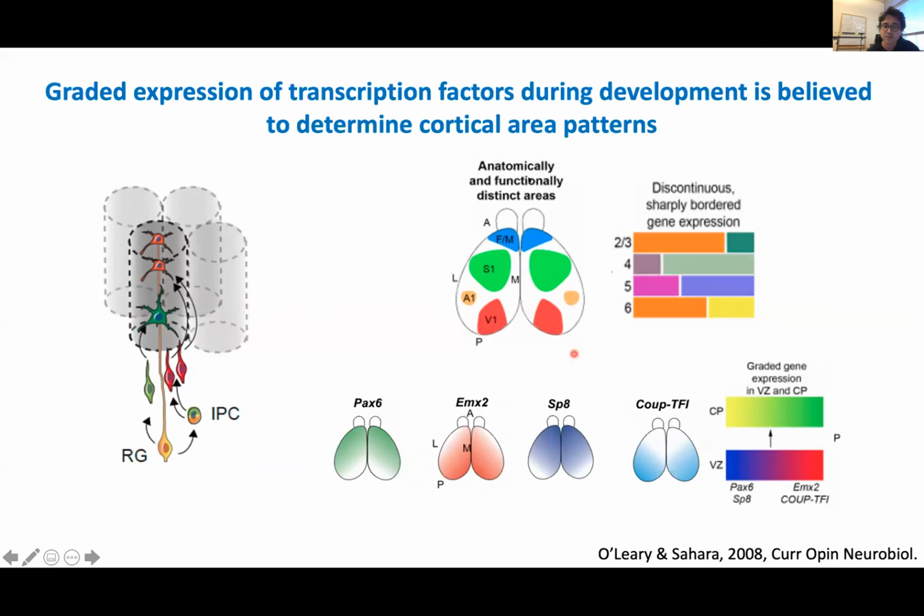However, this is in contrast, as mentioned in earlier talks, with the sharp and distinct boundaries between functional areas that you can find in the adult. And so one of the fundamental questions that we would love to address is how do you translate this graded expression of patterning transcription factors into very distinct patterns with sharp boundaries between functional areas.